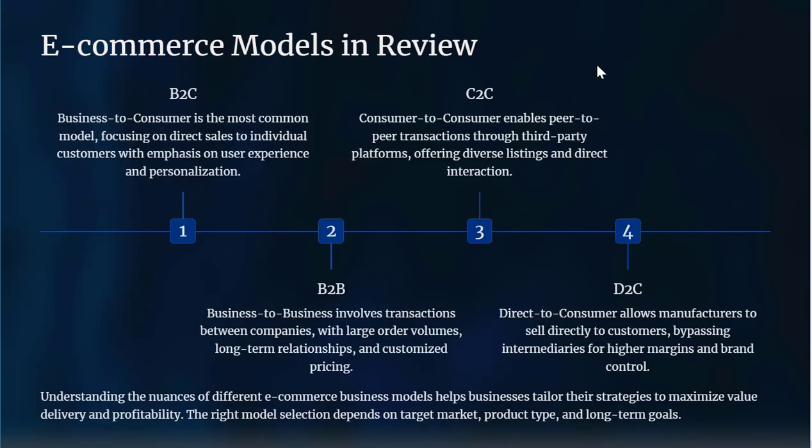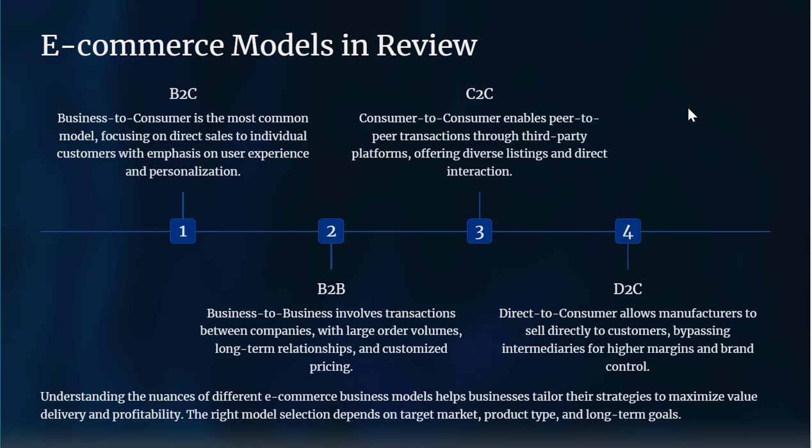So for the review of e-commerce models, we have four here. The key e-commerce models we covered today are B2C, B2B, C2C, and D2C. B2C is the most common, focusing on direct sales to individual customers with a focus on user experience and personalization. B2B involves transactions between companies with larger order volumes, long-term relationships, and customized pricing.